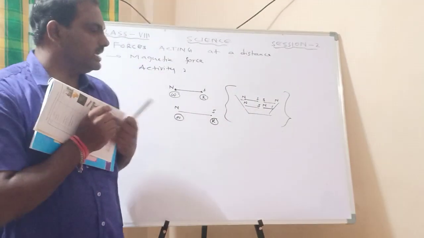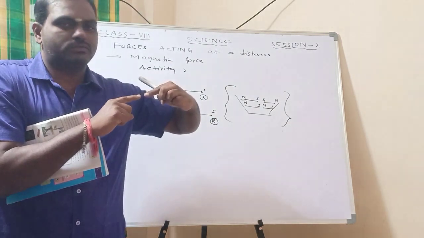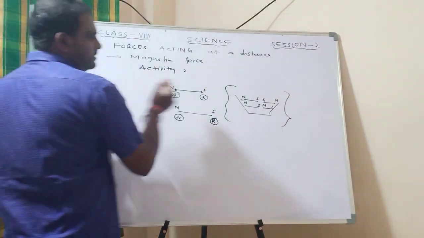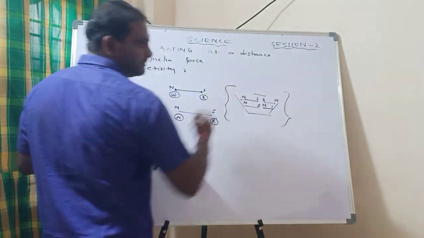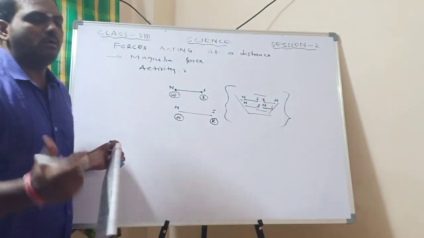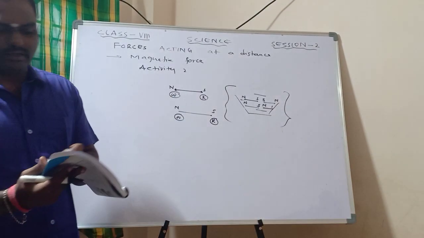The first activity is, we have to place them side by side or face to face, as you wish, such that like poles, like means south, south, and unlike poles means south, north. Now what you will observe in this case, that is the activity we have to do.